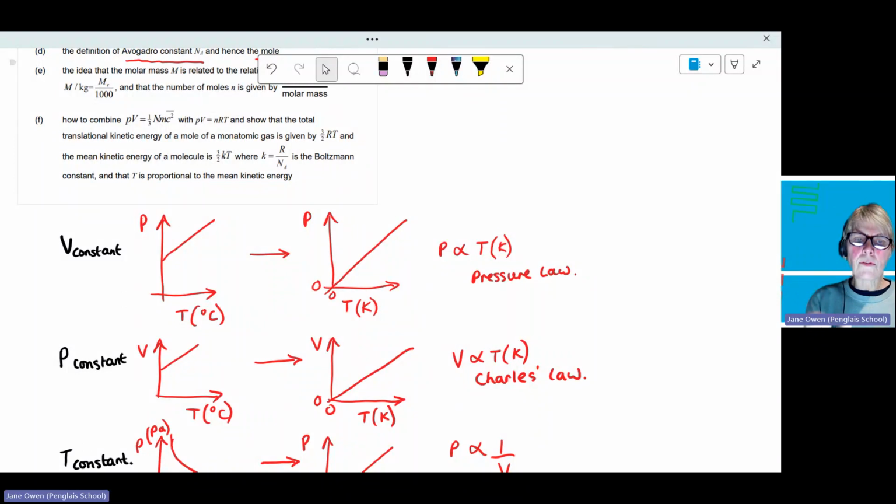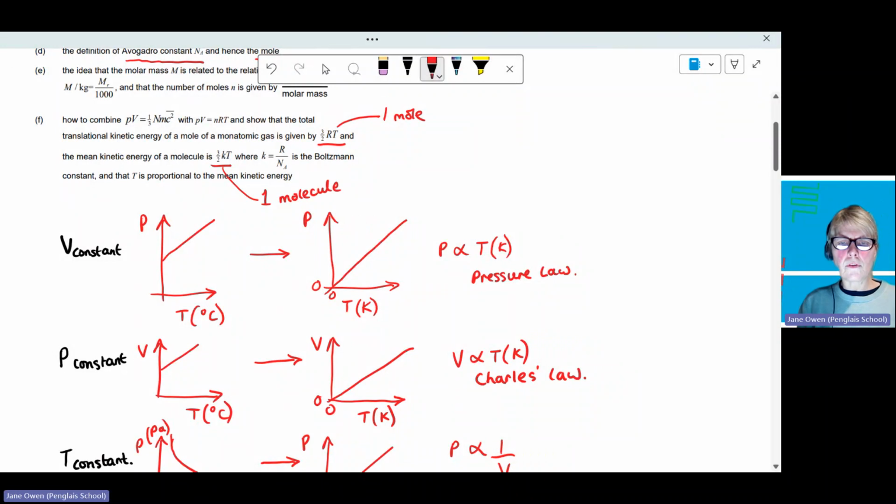You will be expected to be able to do this in an exam question, relating them together to get out 3/2 RT or 3/2 kT. So 3/2 RT is for 1 mole and 3/2 kT is for 1 molecule, where k is Boltzmann's constant and R is the ideal gas constant.